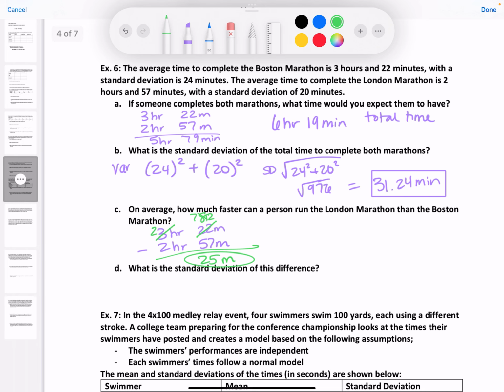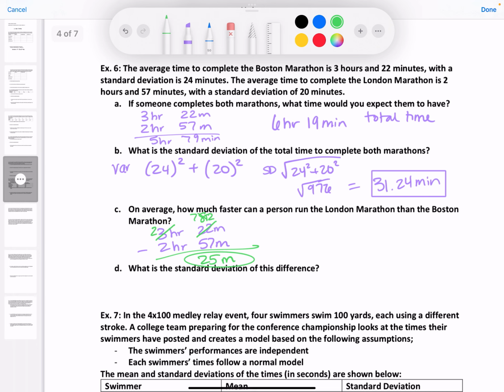So what is the standard deviation of this difference? So we have to square. Okay, and then do what? The standard deviations are what you're given, so you would square them initially. Then you take the square root, and that's your answer.